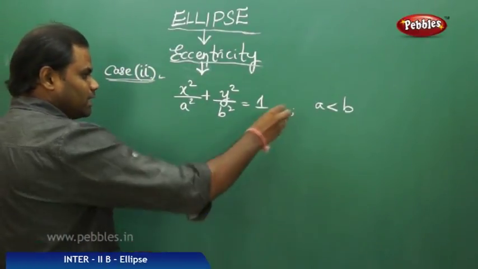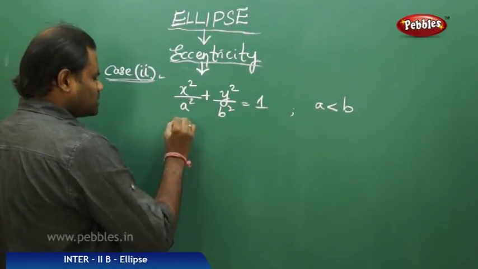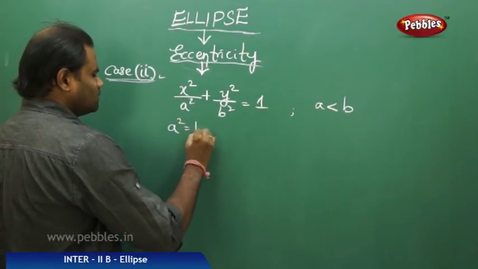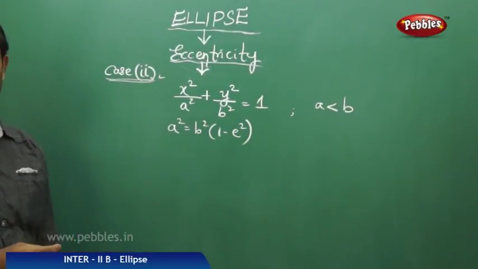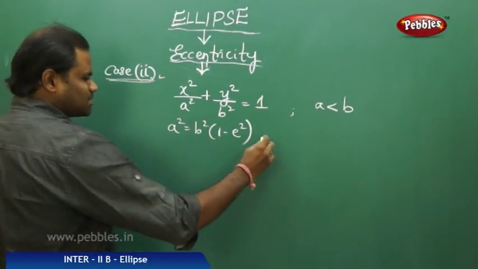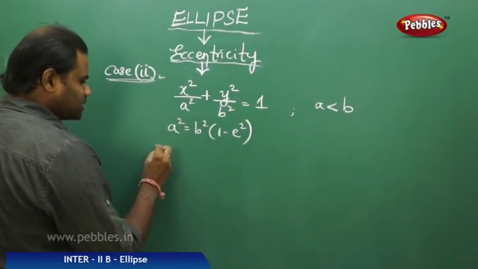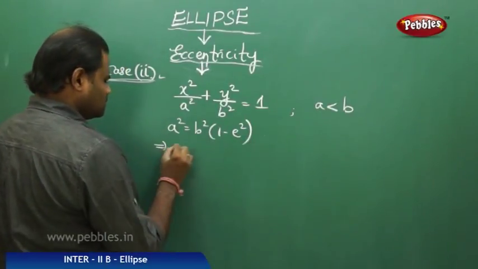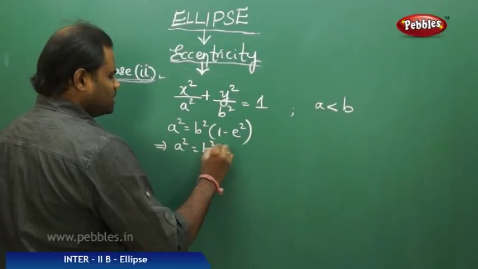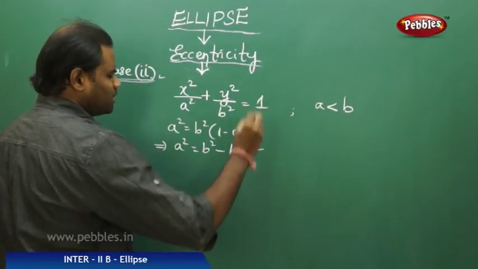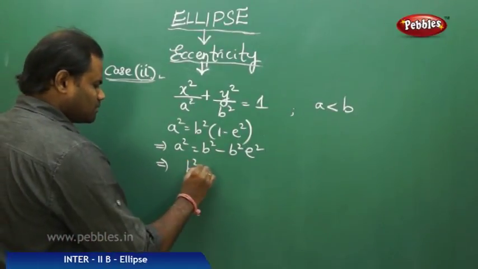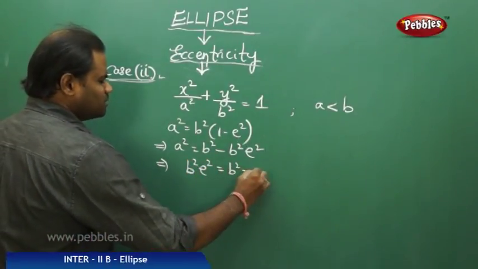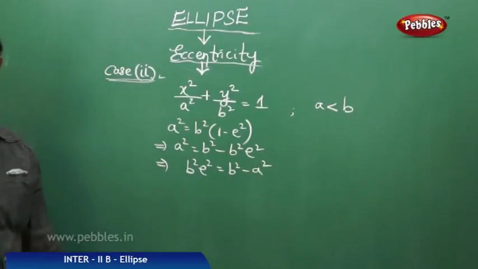In case of a less than b, we have a square equals b square times (1 minus e square) as the formula. On simplification this gives a square as b square minus b square e square, which on simplification gives b square e square is b square minus a square.